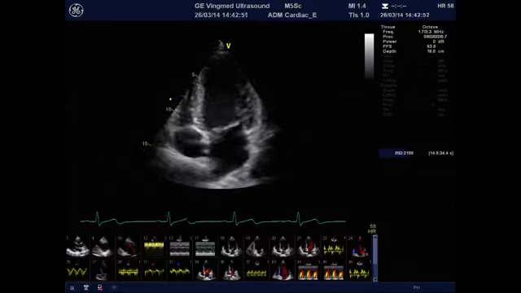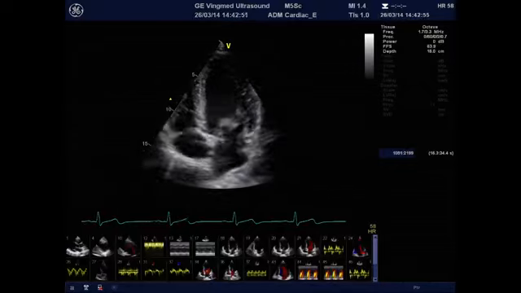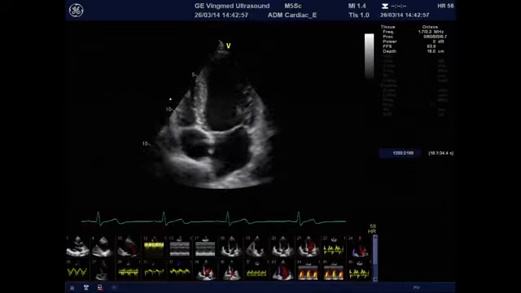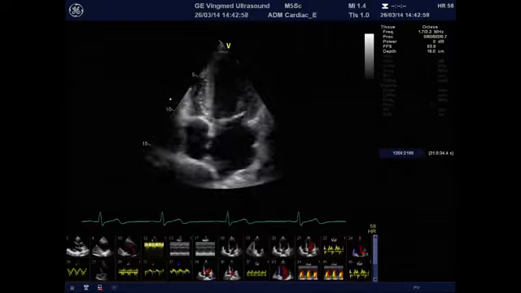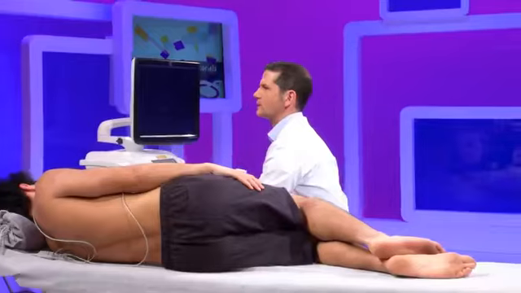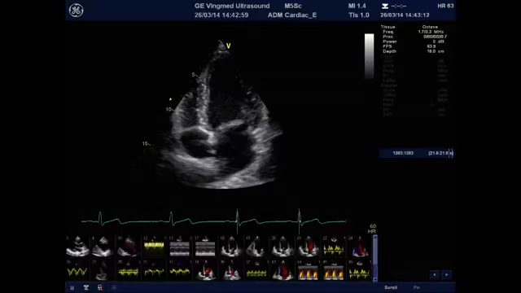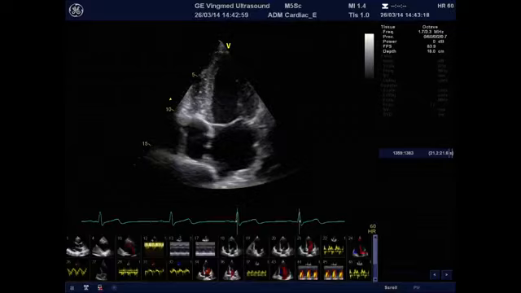The background of using the measurement of left atrial size as a parameter of left ventricular diastolic function is the fact that the left atrium is in direct continuity with the left ventricle during the diastolic phase. So whenever there is increased pressure in diastole in the ventricle, this will reflect backwards into the left atrium, and the left atrium will react by increasing its size.